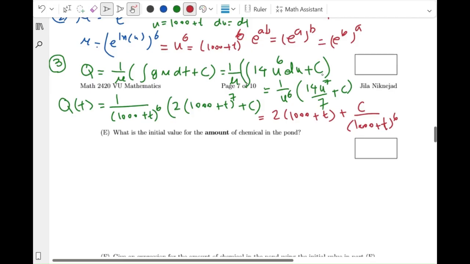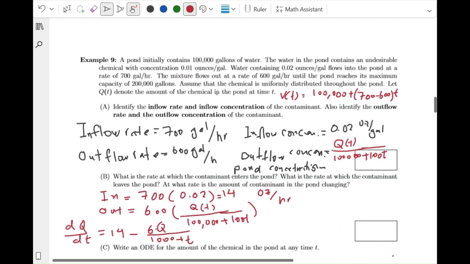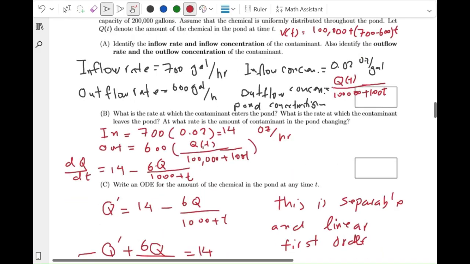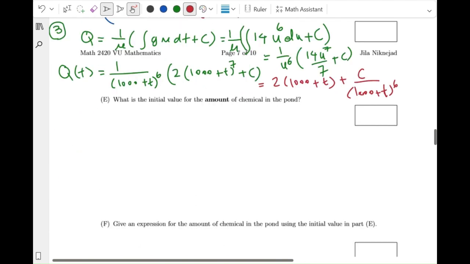So the next thing it's asking is what's the initial value of this problem. And if we go back, it's saying that the water in the pond contains 0.01 ounces per gallon. So I know that concentration at time 0 is 0.01. So what is the initial amount?